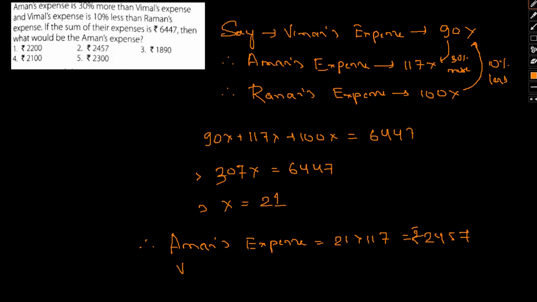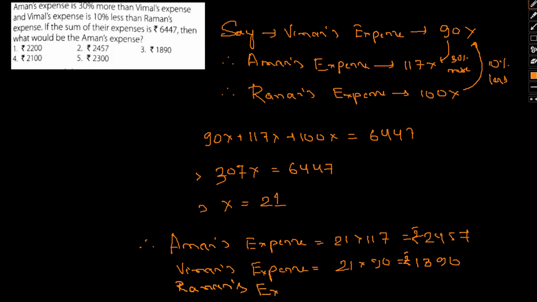Similarly, Waman's expense would be 21 into 90, that is 1890, and Raman's expense would be 21 into 100, that is 2100.